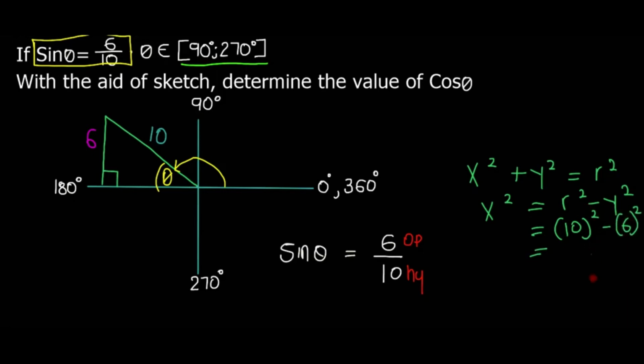So 10 squared minus 6 squared is 64. This is x squared, but because re nyaka x, e ra tlo dira square root for both sides, therefore x is equals to plus or minus 8.